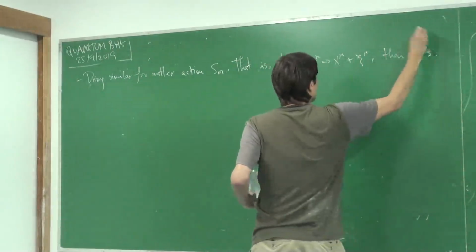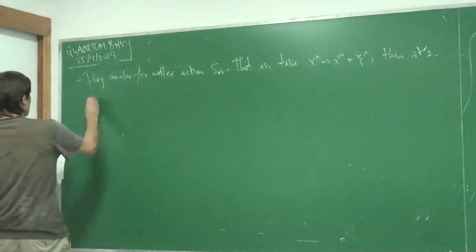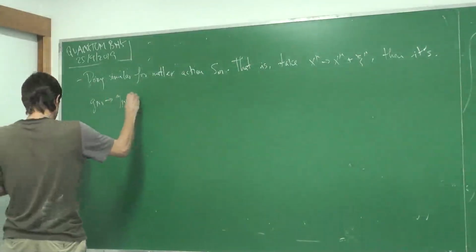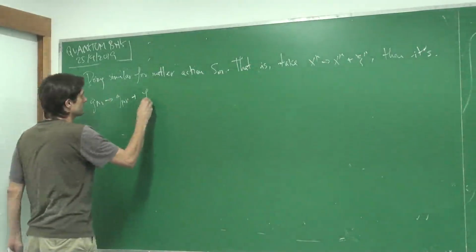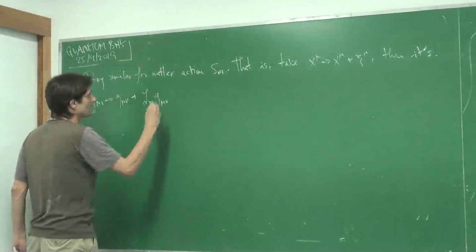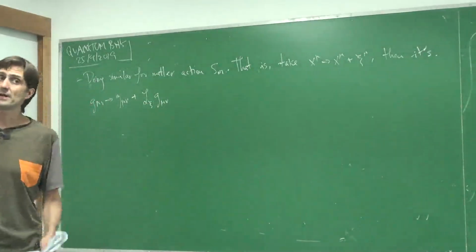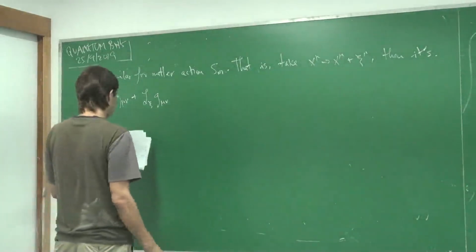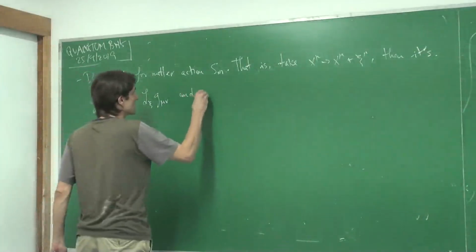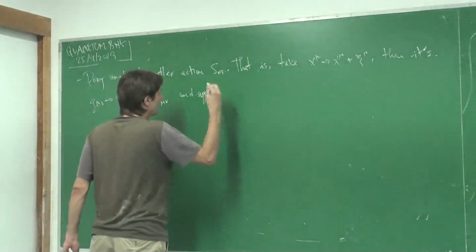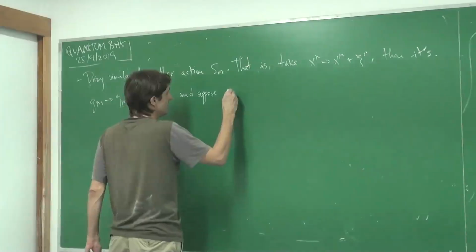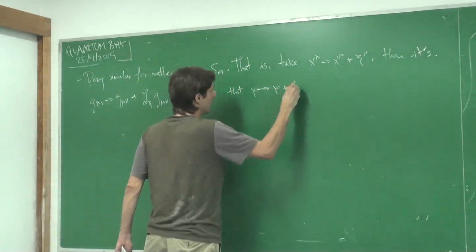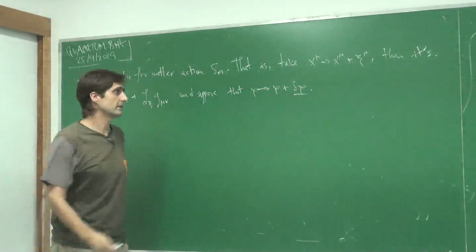We've just derived how the metric varies under such a transformation. And suppose that the field varies, we don't know how, but let's suppose it varies by a term given by delta phi.